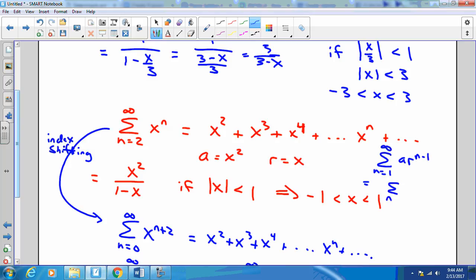Or I could write it as the sum from n equals 0 to infinity of AR to the n by index shifting. And so we're referring to the A and the R from the geometric series, and we are appealing to the geometric series test when we do this conversion. A over 1 minus R. Okay.